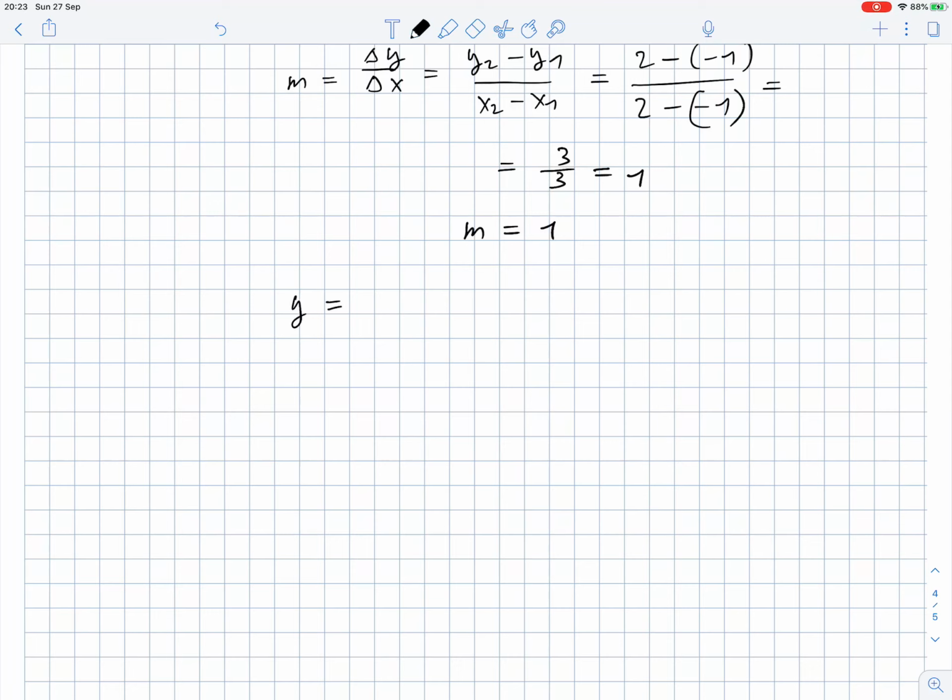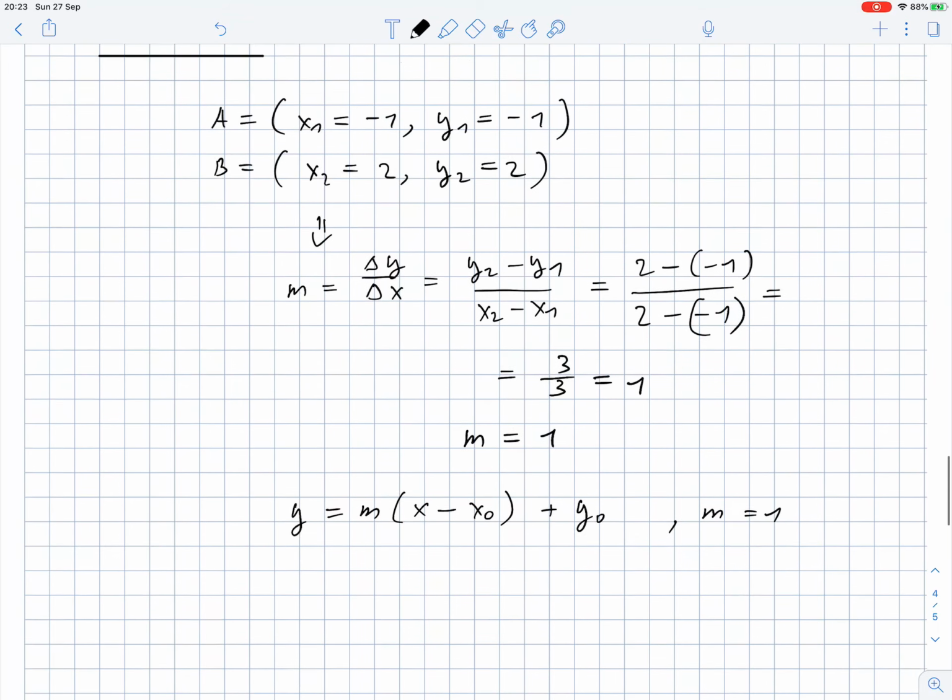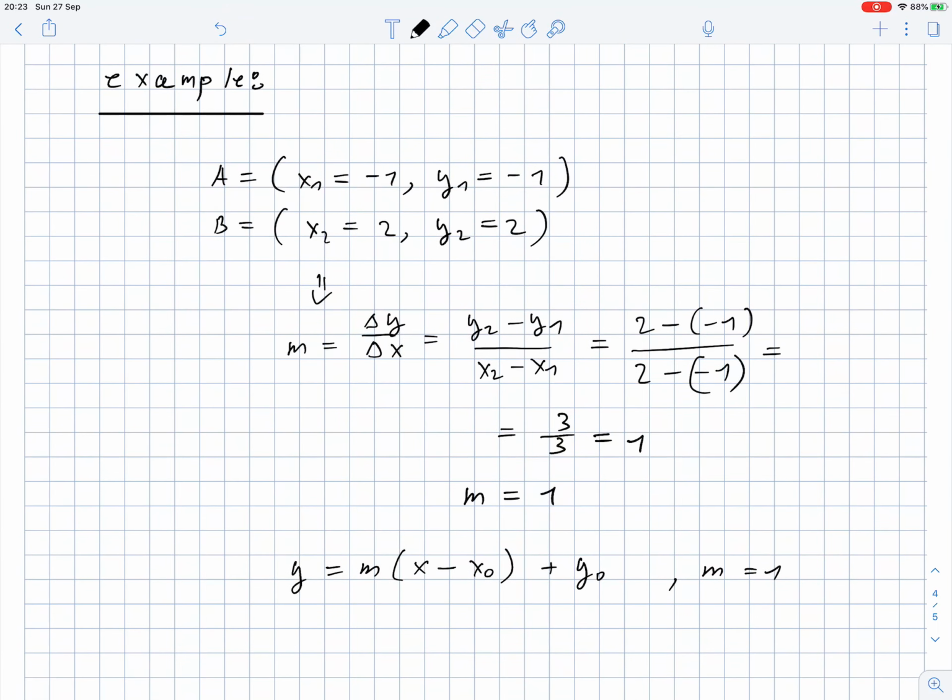Okay, if we use this expression y equals m times x minus x0 plus y0, where m equals 1, the last step we need to do is to choose which of those given points will be our fixed point, x0 and y0.